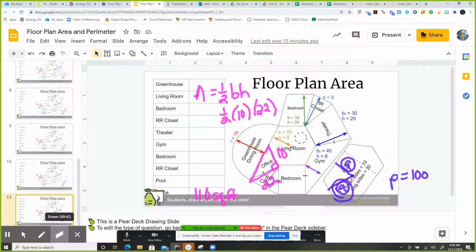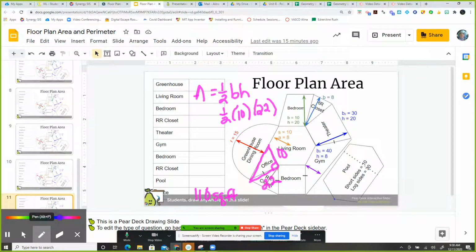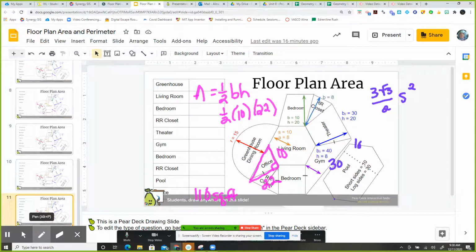And then our other formula, let's see what that was. 3 on the square root of 3 divided by 2 times the side squared. But my sides are 10 and 30, so they're not the same. So what should we do with this hexagon?